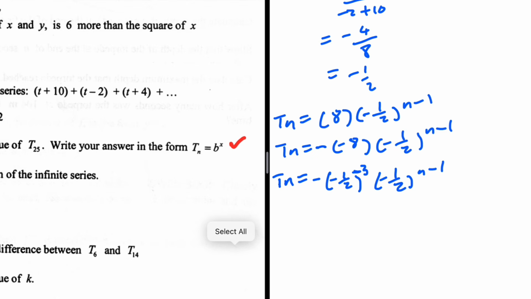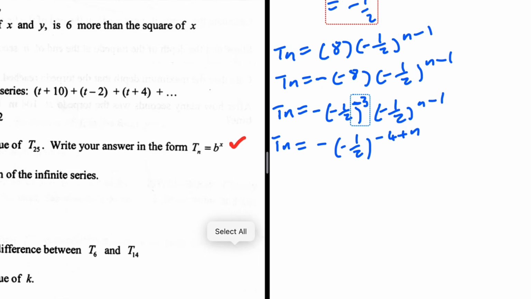Same base. If we have the same base, we can add the exponents. So minus 1 over 2, minus 3 plus minus 1, that is going to be minus 4, right? Minus 4 plus n. So we are going somewhere.